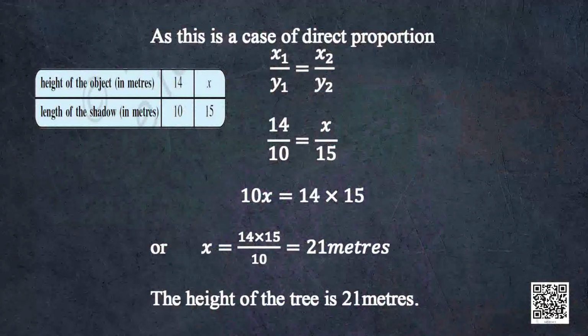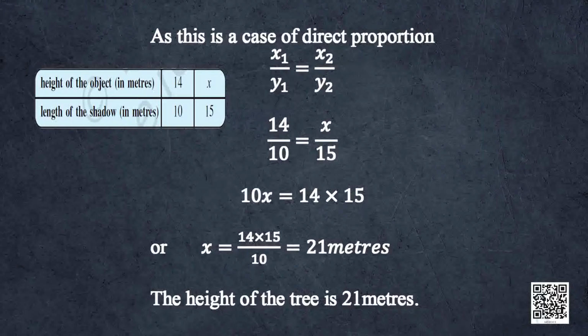Here x1 by y1 is equal to x2 by y2, where we take x1 as 14, x2 we have to find out, y1 as 10 and y2 as 15. Substituting these values, we get 14 divided by 10 is equal to x divided by 15.